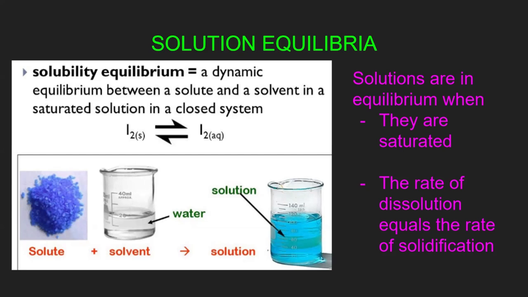You've got the dissolved particles going back to their solid form. Okay, so a solution has to be saturated in order for it to reach equilibrium because that means that at that point you've got a little bit of solid sitting at the bottom because no more can dissolve.